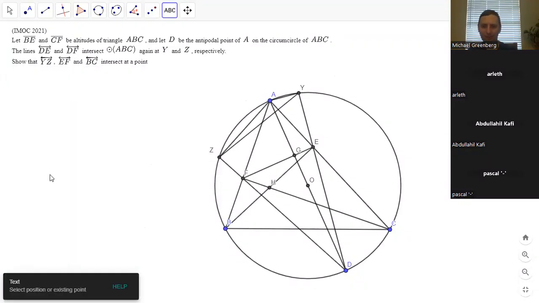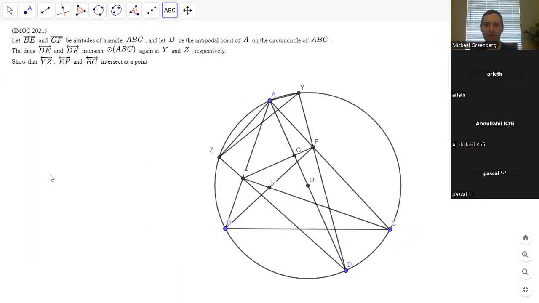Okay, so first of all, AD and EF are perpendicular because if you look at the angle that EF makes with BC, I'm trying to think about the best way to do this.